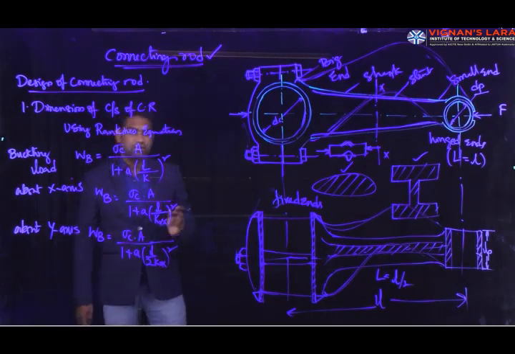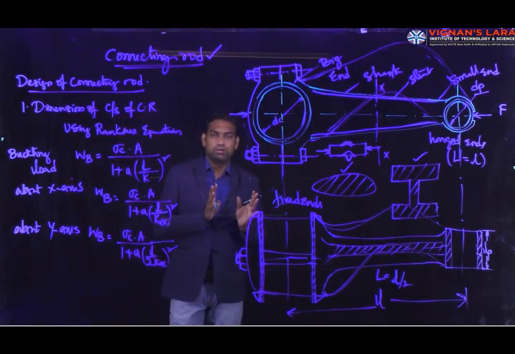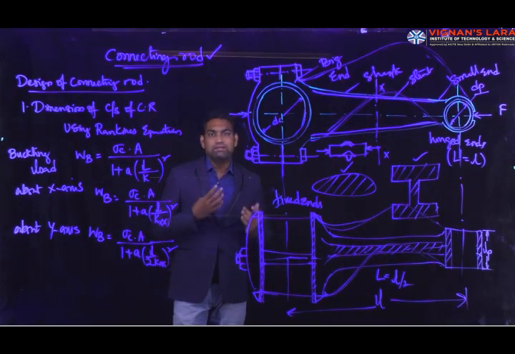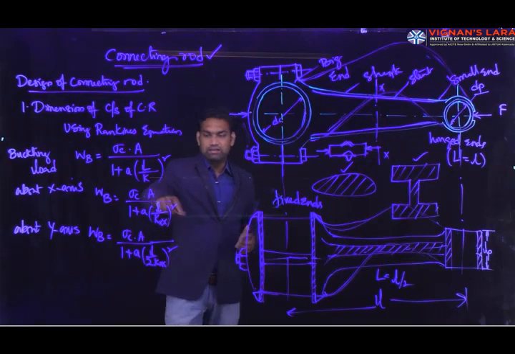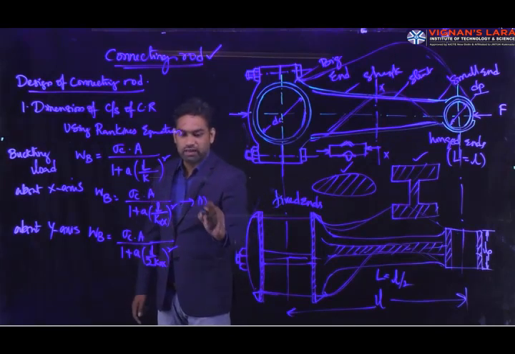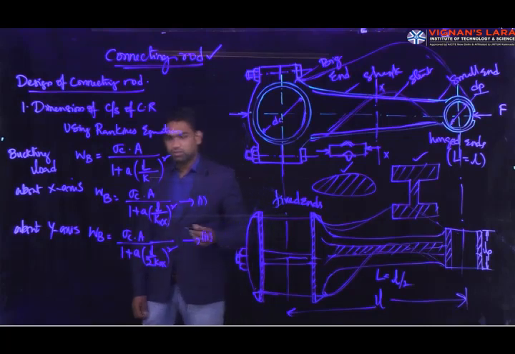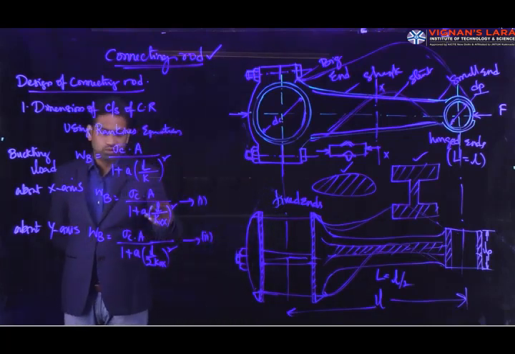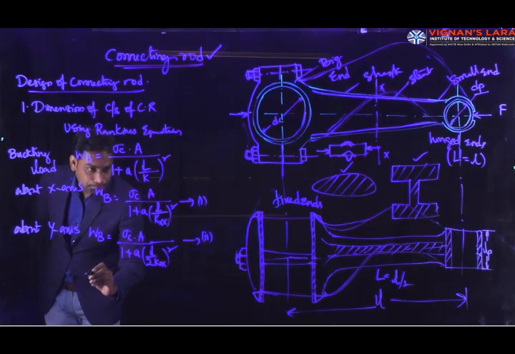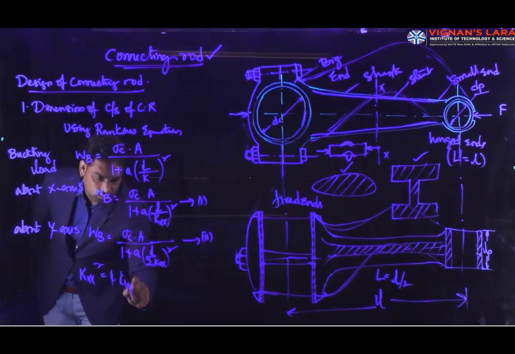As I stated, the design of the connecting rod is going to have equal strength in buckling about the x-axis and y-axis, so we can equate these two equations, equation 1 about the x-axis and equation 2 about the y-axis. By equating these two, all these terms get cancelled, and you get kxx whole square equal to 4 kyy whole square.